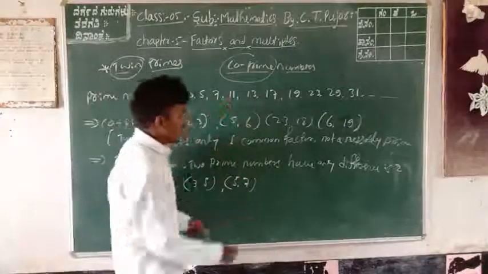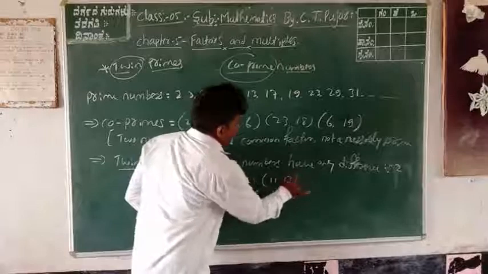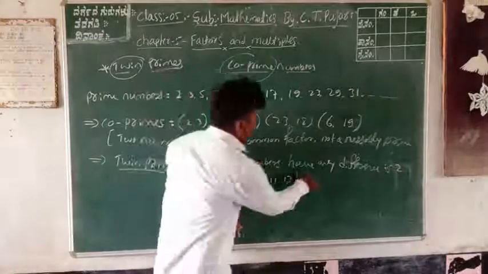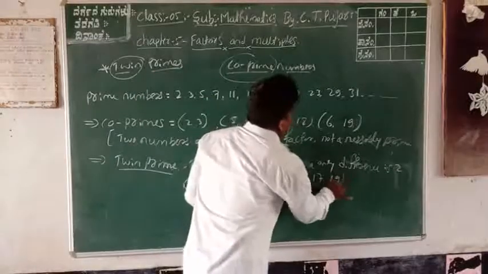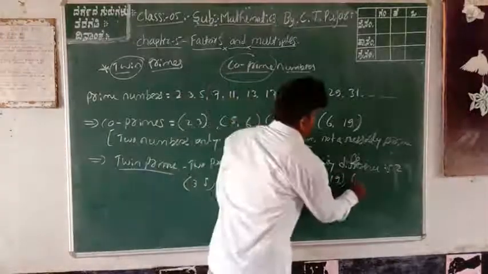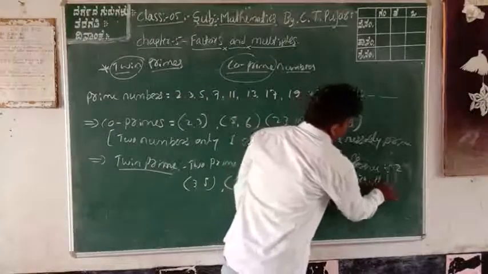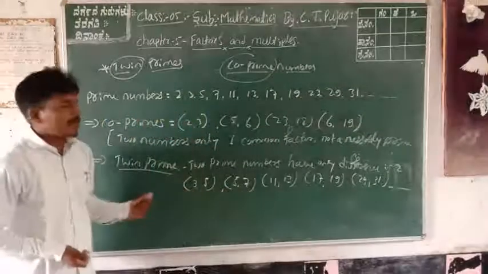Next, 11 and 13, 17 and 19, 29 and 31, and so on. These all are twin primes.